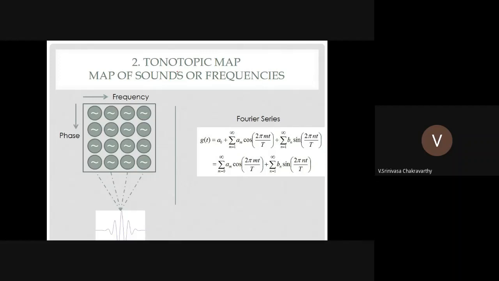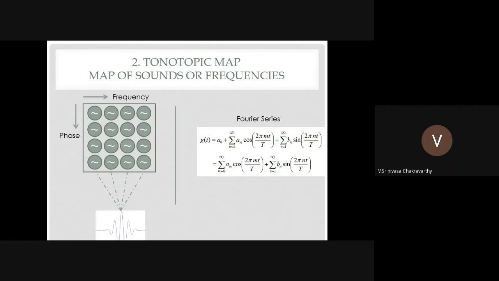The idea is that this map will consist of a two-dimensional array of oscillators, where in one dimension the frequency is mapped, and in another dimension, phase is mapped. Why is it like that? Because if you want to model a signal, we know from Fourier series that you need a bunch of sinusoids, which take care of two parameters.